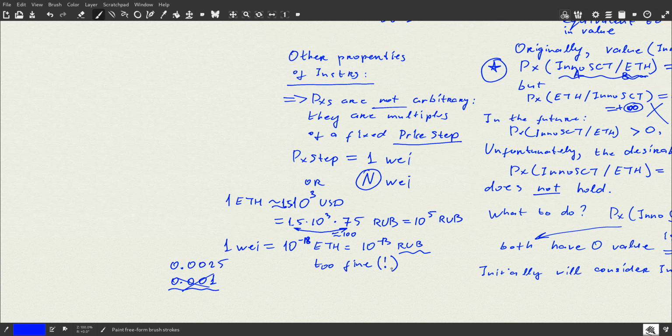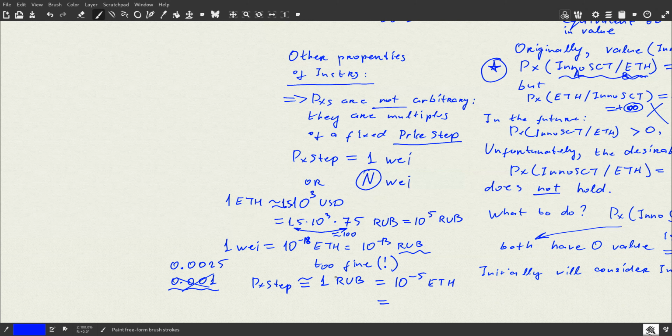What would we like to do? We would probably like to do, what do you think? I propose that the price step would be 1 ruble. What do you think? For testing our contracts, it would be perfectly okay if it is approximately equal to 1 ruble, obviously. And 1 ruble is obviously 10 to minus 5 of Ethereum.